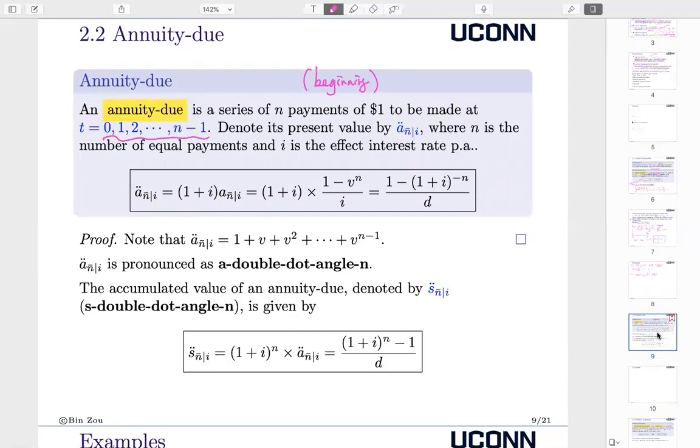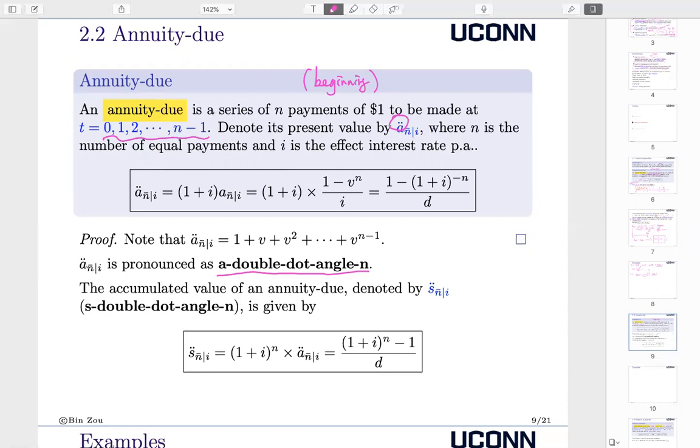We have a new notation. You put 2 dots on top for the present value, and you should pronounce it as a double dot angle n. It's rather awkward, right?